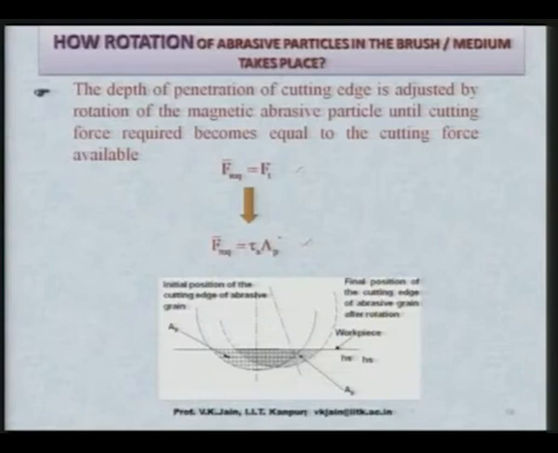Now, this is the condition, as you can see here A p, and this condition is shown over here. Here the cutting force required is much larger than the cutting force F c or F t acting on the abrasive particle.